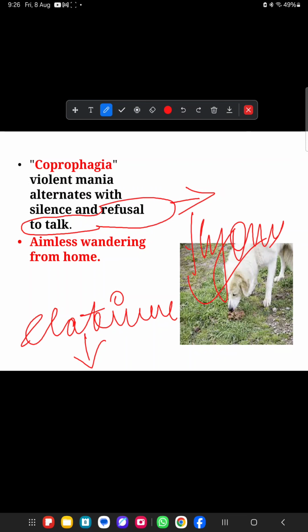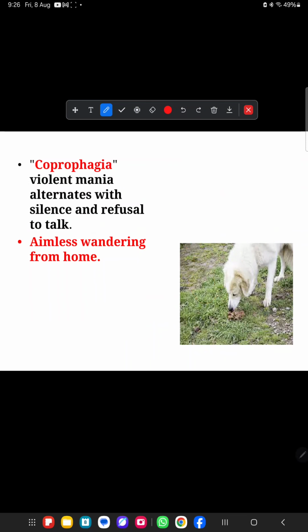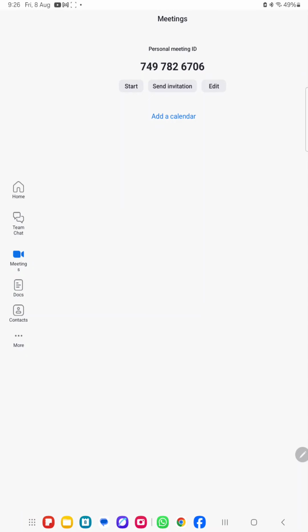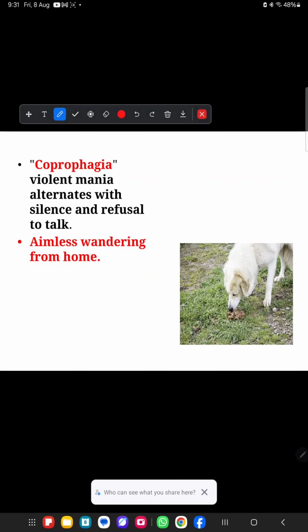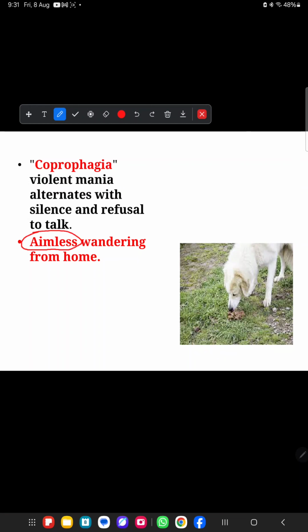But here the word aimless is written, and this point I want to correlate. Suppose the patient has a hurried manner without aim, aimless hurried motion.